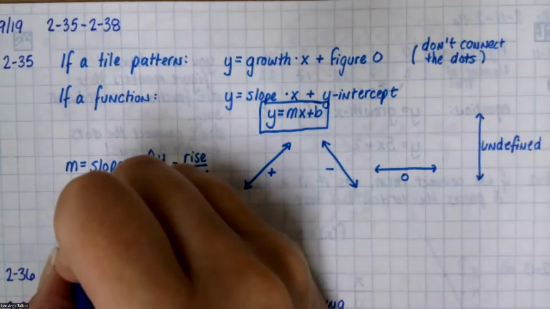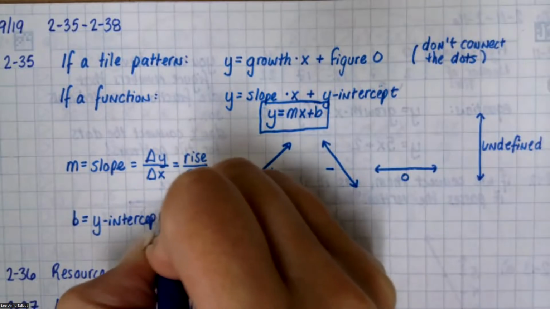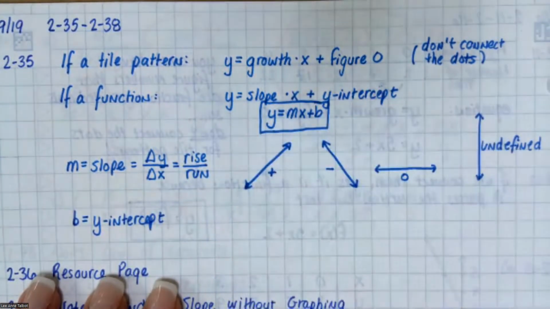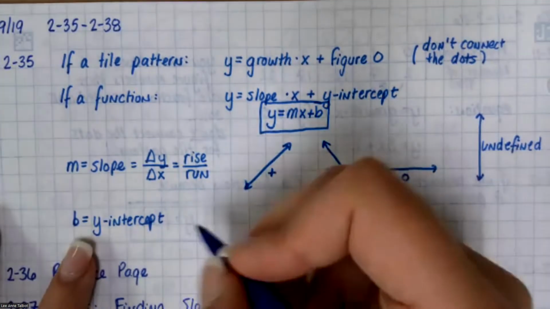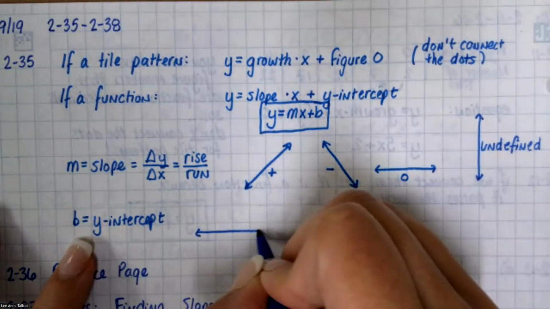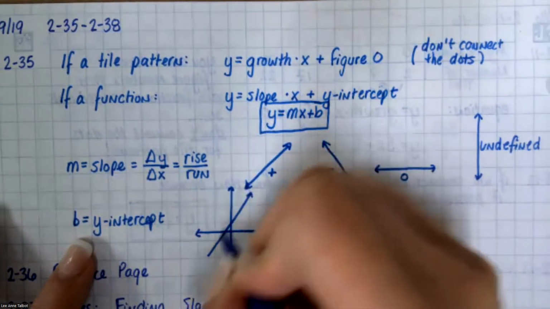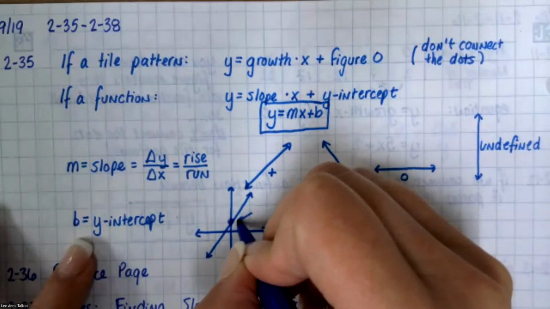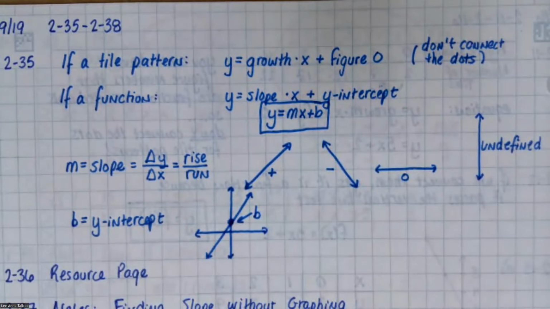Okay, last thing for number 35. B is the y-intercept. I want you guys to draw a little visual picture because some people get confused about y-intercept versus x-intercept.